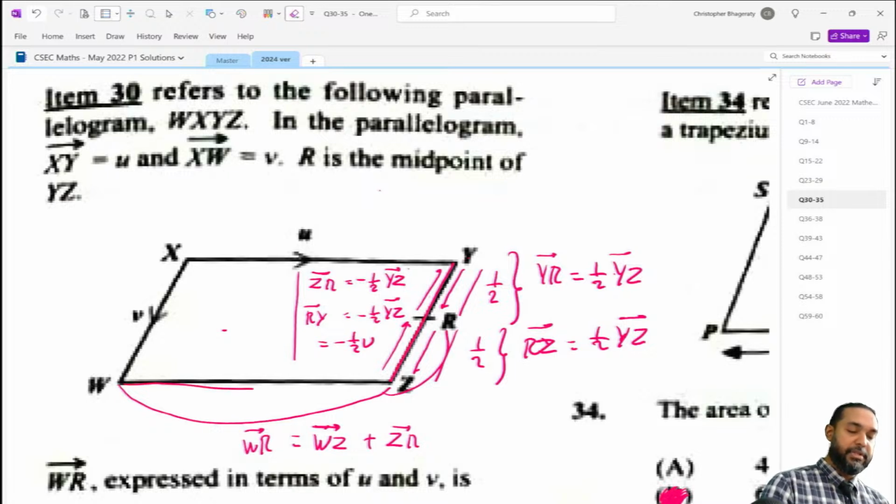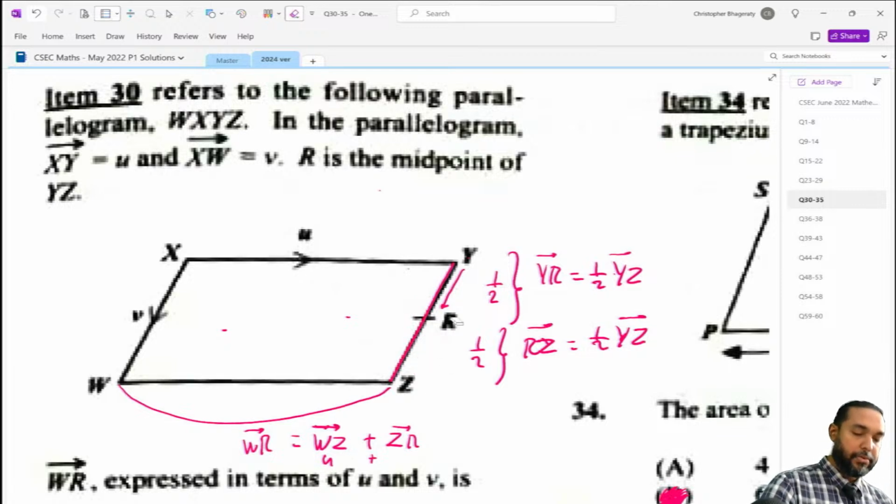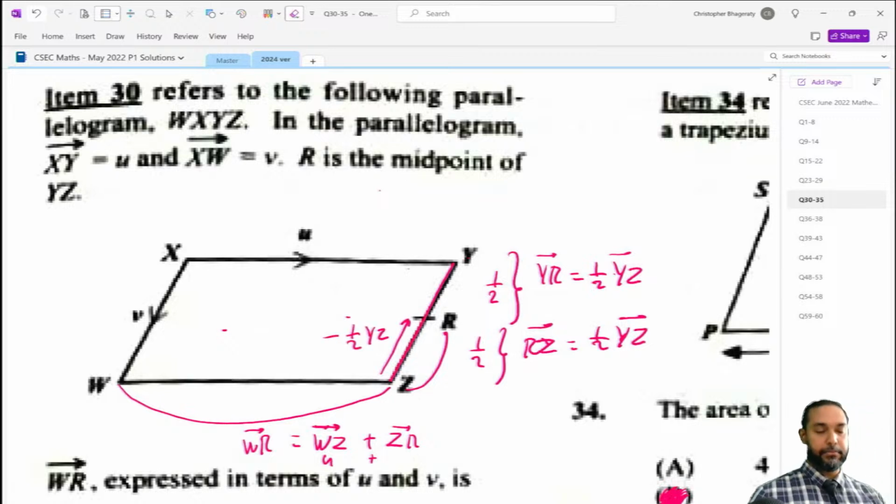We said WZ was opposite and parallel and equal to XY, right? So the vector along WZ was just u. And then for ZR, to go from Z to R was traveling halfway up YZ, right? So it was halfway along YZ and in the opposite direction, right? So that was minus a half v. So it's u minus a half v.